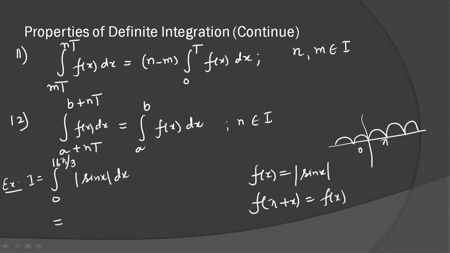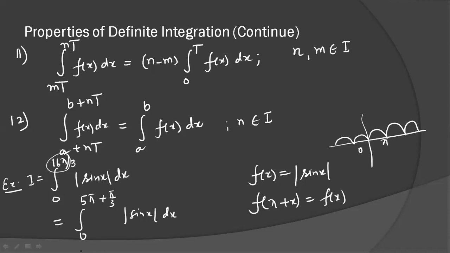Now 16 pi by 3 can be written as 5 pi plus pi by 3, in the integral of mod sin x dx. So we can use the splitting integration property here.